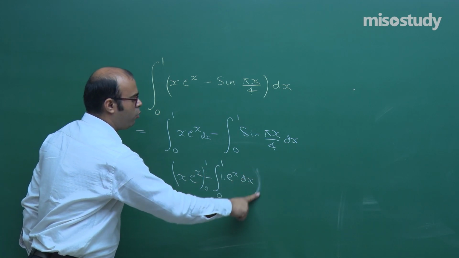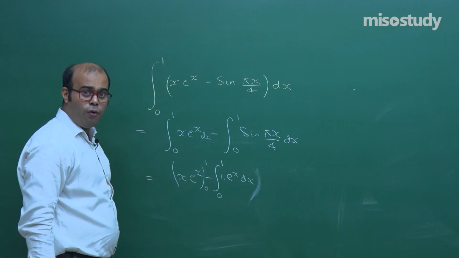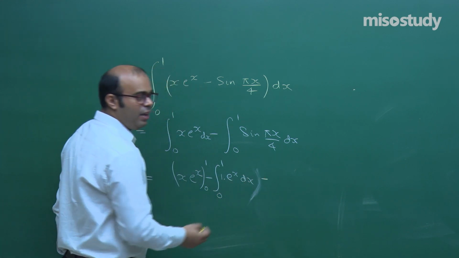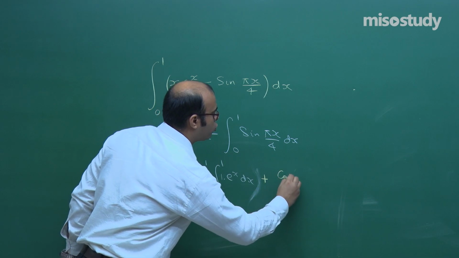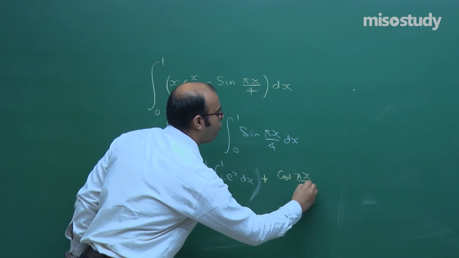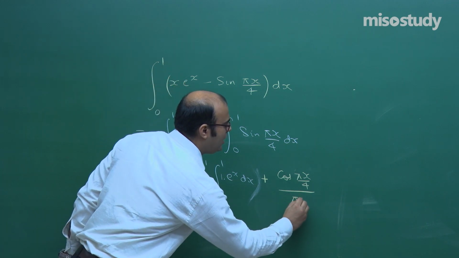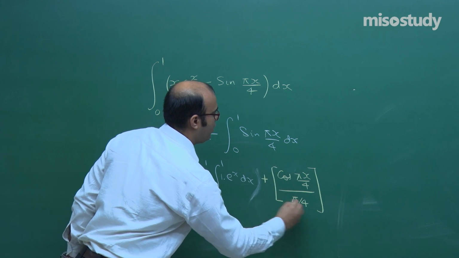And what about the other integral? If you take sine pi x by 4 and integrate that, what do you get? Since sine will be integrated to minus cos, this will be plus cos pi x by 4 upon the coefficient of x, because this is a linear expression, pi by 4, again from 0 to 1.